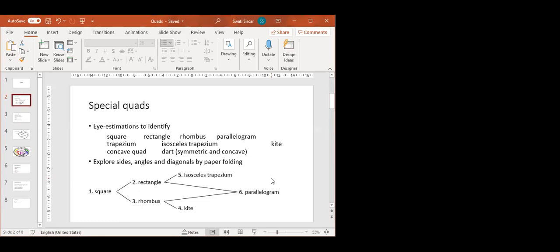One option is you make paper cutouts and ask them to isolate the squares. Once the squares have been isolated, what you get is the rectangles and non-square rectangles. Then you isolate the rhombus and you go like that.